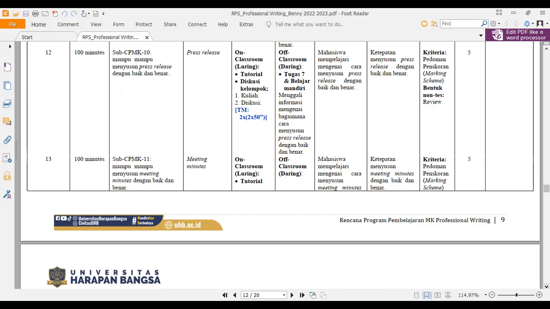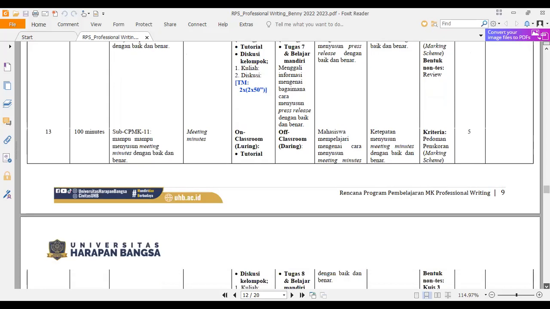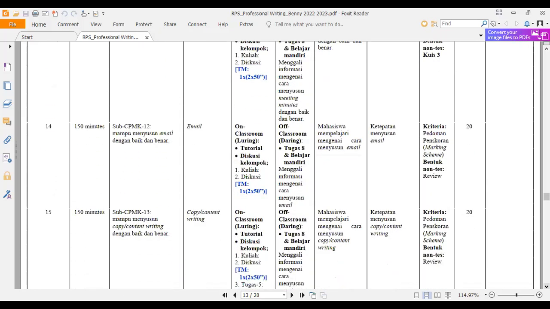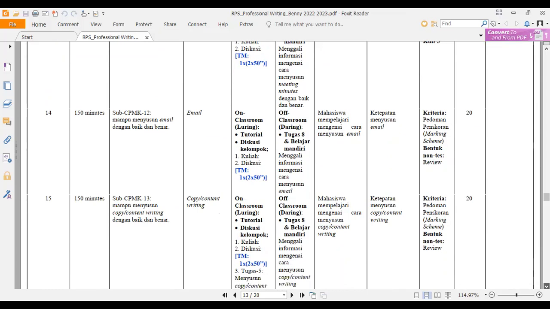You have to know the procedure, how you can arrange your meeting minutes so everybody can review, can read your meeting minutes very well. In meeting 14, you will learn about how to write an email. And last but not least, in meeting 15, copy or content writing will be the main concern in professional writing course.